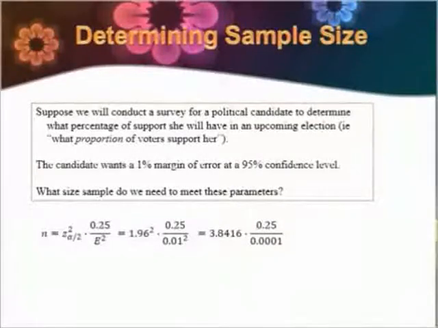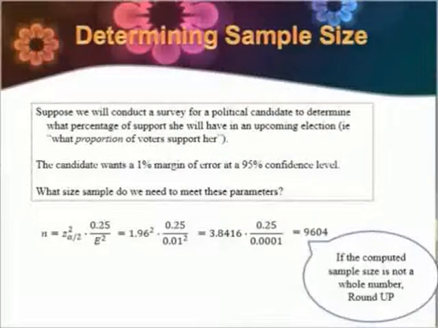Throwing all this into the calculator gets us 9,604. So our sample size, in order to have a 1% margin of error at a 95% confidence level, would have to be 9,604 people surveyed. Quick note, if the computed sample size is not a whole number, we always round up to the nearest whole number.